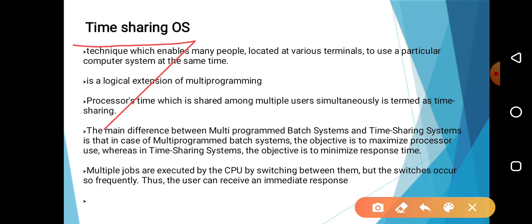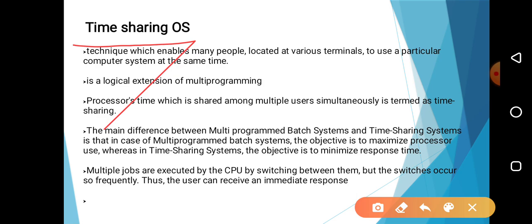The main difference between a multi-programmed system and a time sharing system is that multi-programming aims to maximize processor use, whereas time sharing is used to minimize the response time. Multiple jobs are executed by the CPU by switching between them, but switches occur so frequently that the user can receive an immediate response.